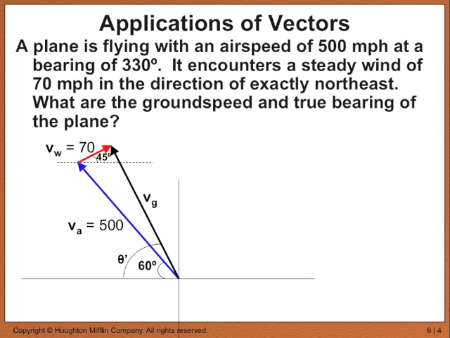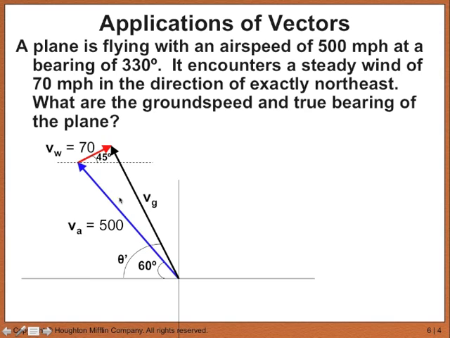In fact, it might even help it, but we won't be able to figure that out for sure until we do the problem. All right, so what we're looking for in this problem is the ground speed, and so we're looking for the magnitude of v sub g. We're looking for the magnitude of v sub g, and we also want the true bearing.